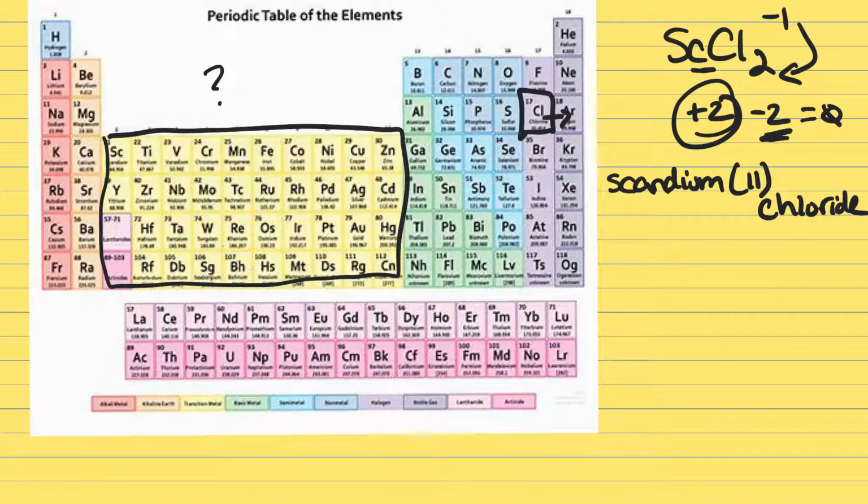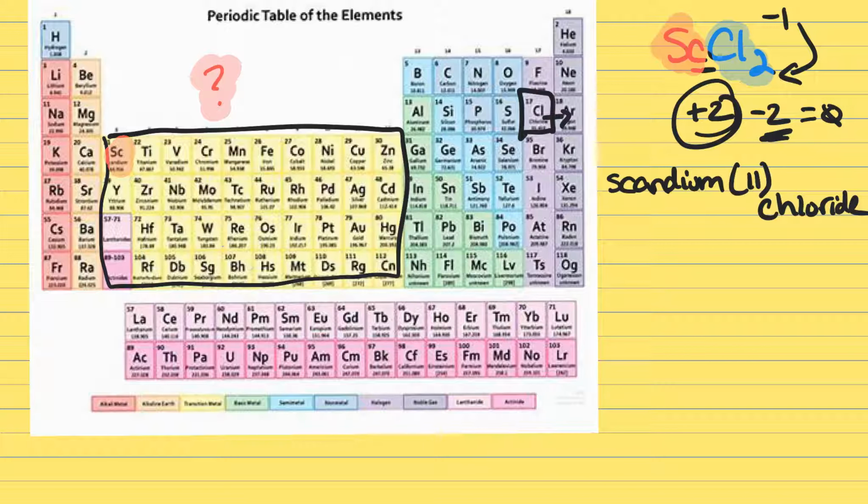So to track back a little bit: once again, we don't know the charge of this transition metal, because transition metals typically have multiple oxidation states, so we simply don't know. But we can use the nonmetal to help us figure it out, because nonmetals typically only have one charge.